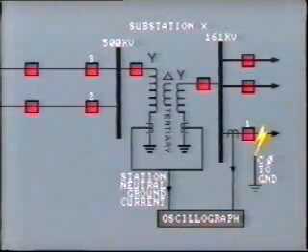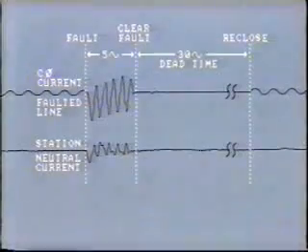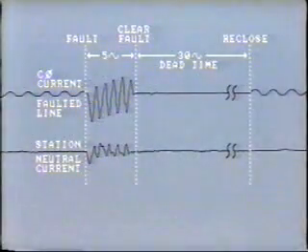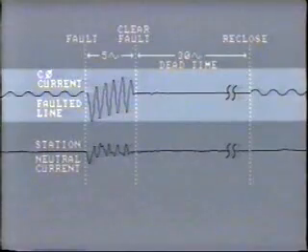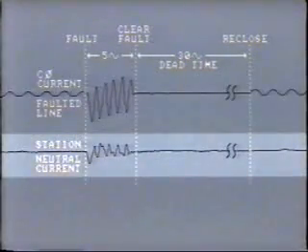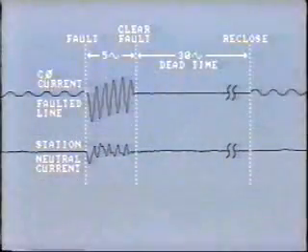A single line-to-ground fault occurred on C phase of one of the 161 kV lines leaving Station X. These traces were recorded automatically by an oscillograph machine installed to capture fault information. Here we show the C phase current on the faulted line and the station neutral current.